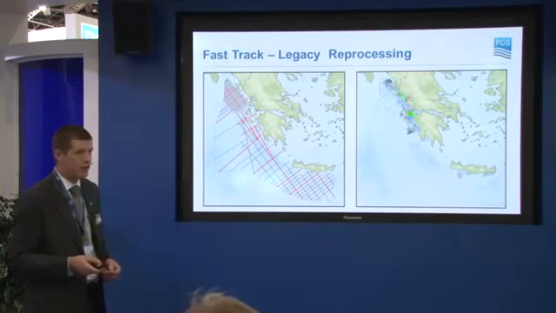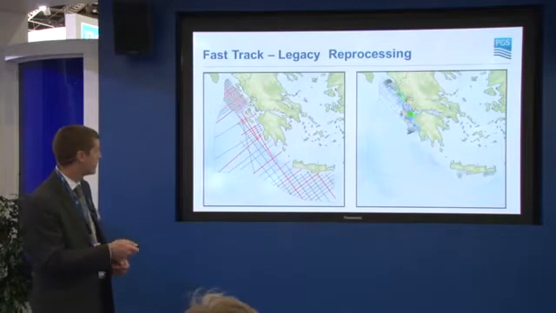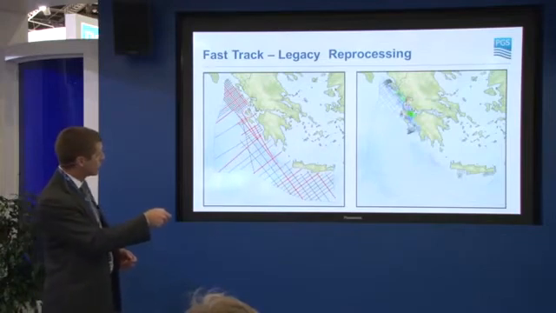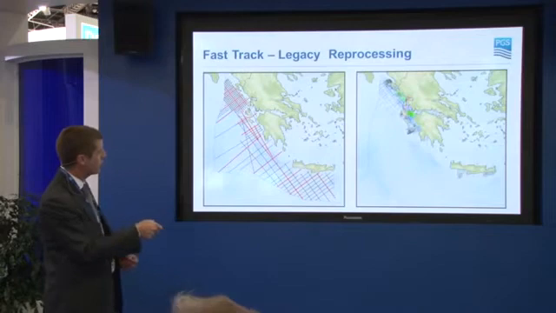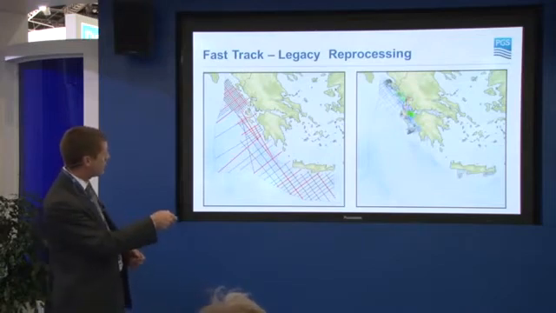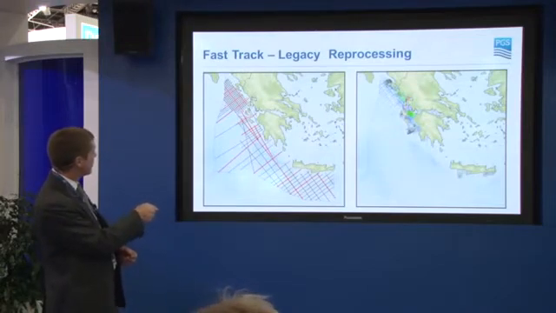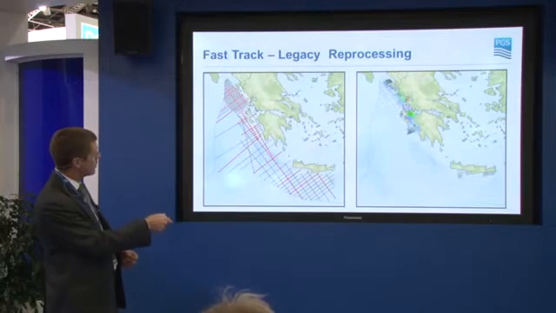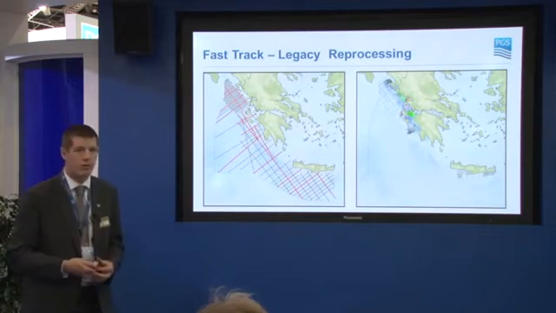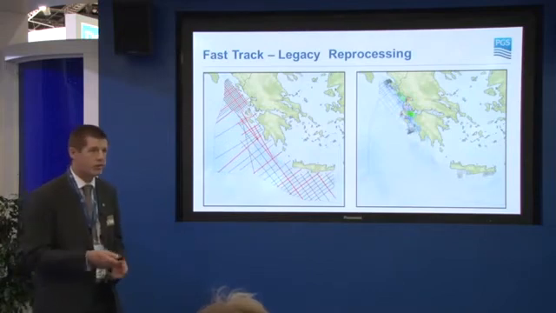It's of variable quality and variable source type as well. We're reprocessing about 6,000 kilometers of this initially, to tie our new data into the coast and to wells, and for imaging in these shallow water areas where we weren't able to operate for environmental and practical reasons because of the streamer length.